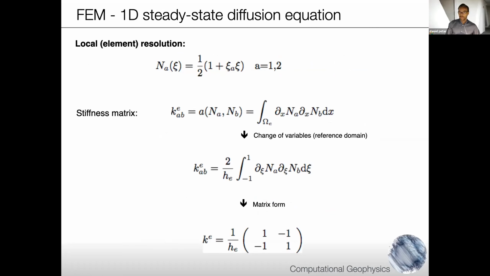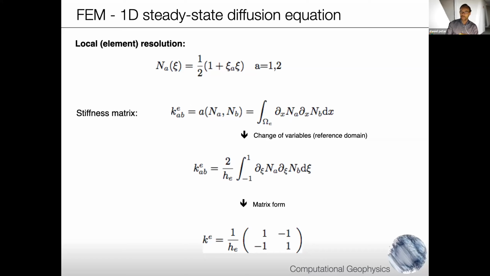Good. So here now we look at the integral values at the local level. So it's all between -1 and 1, where we define the shape function, where we compute what the local element contribution is for the stiffness matrix, the K_AB contributions.